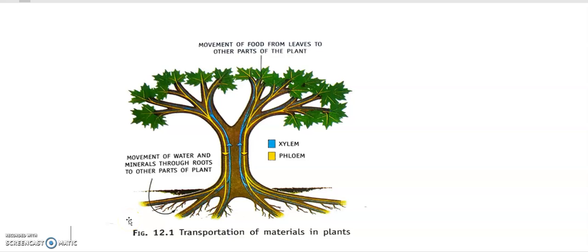Now water tries to move where the concentration is lower, and water knows that inside there is no such substance. So it goes inside, and thus water goes inside because the concentration of water molecules is greater outside the root hair than inside the root hair.